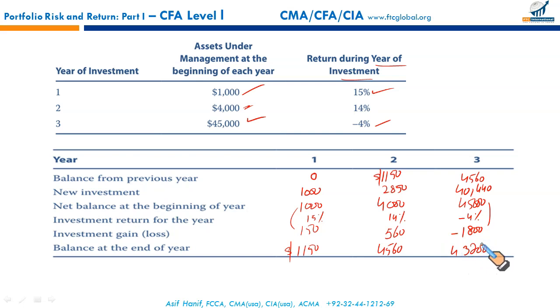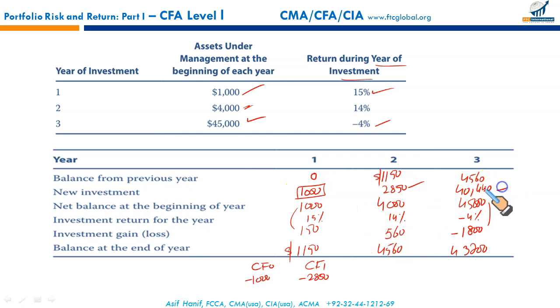So in order to calculate the money weighted return, you need to take your relevant cash flows. Your cash flow at year 0 is negative 1,000. That's one. Your cash flow at the end of year 1 is negative 2,850. Initial investment, second investment after 1,000.